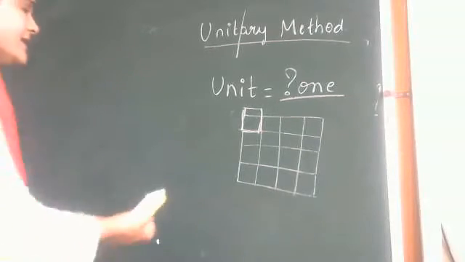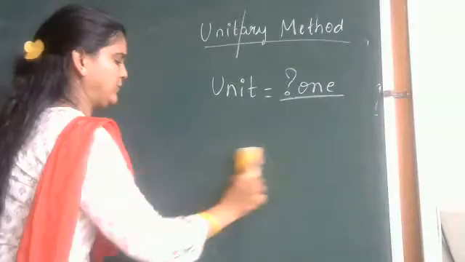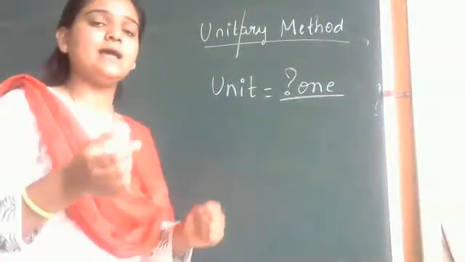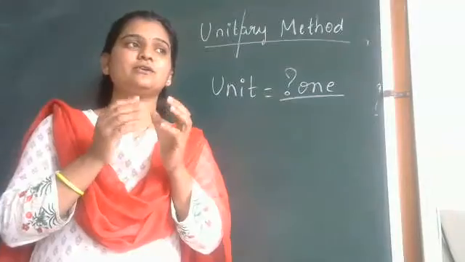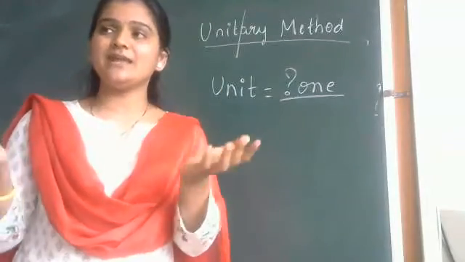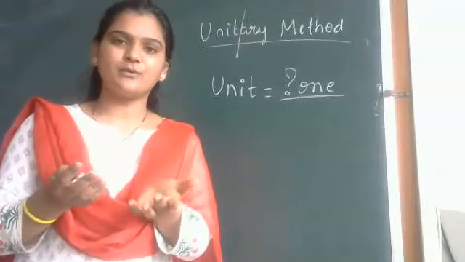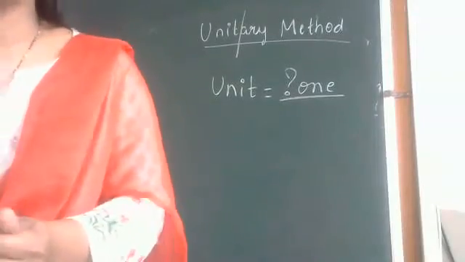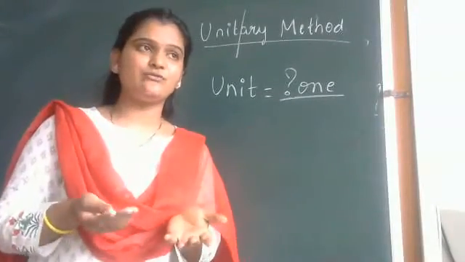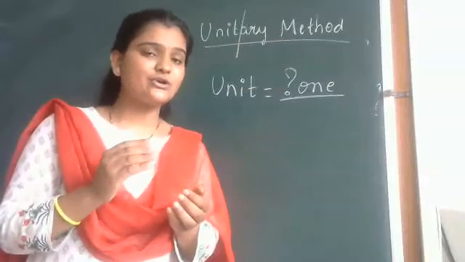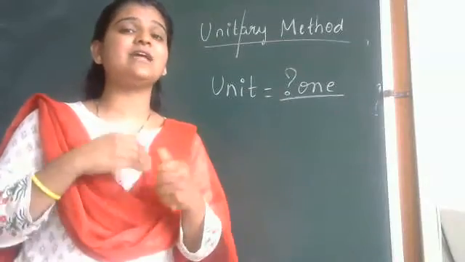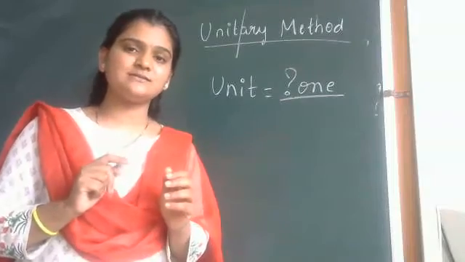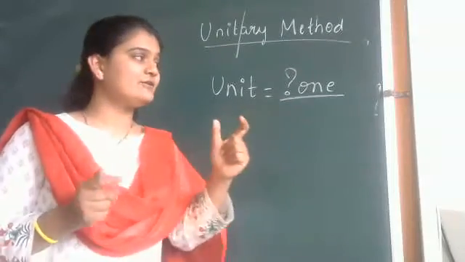Now, if they give you the total cost for so many uniforms, say they tell you the cost for 20 uniforms, and then ask you the cost of only 8 uniforms, what will you do, children?